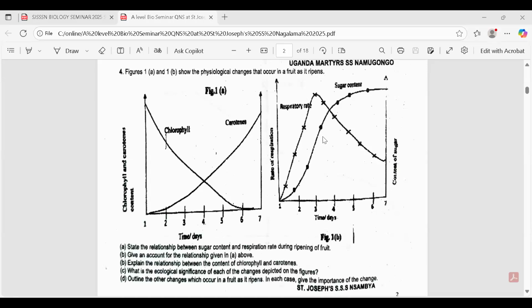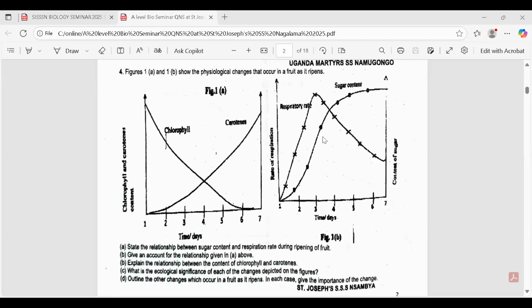So we could also have said, as respiratory rate increases to attain a peak, or as the respiratory rate increases rapidly to attain a peak, comma, the sugar content increases rapidly. Then, as the respiratory rate decreases rapidly, the sugar content increases rapidly to attain a maximum. Okay?